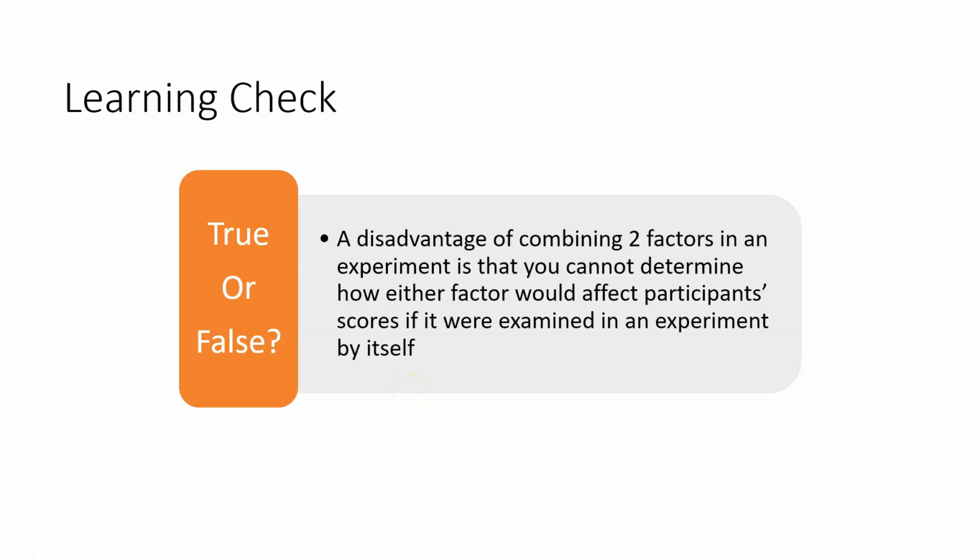You still can. You can do a main effect. But when you assess that, if you have multiple factors, it's disingenuous to interpret a main effect in the presence of an interaction. So while the answer to this is false, it is a little bit misleading if you just only interpret the main effect without considering the interaction.